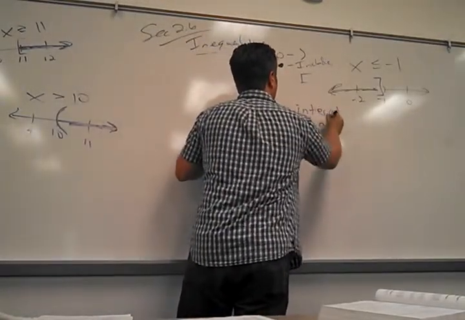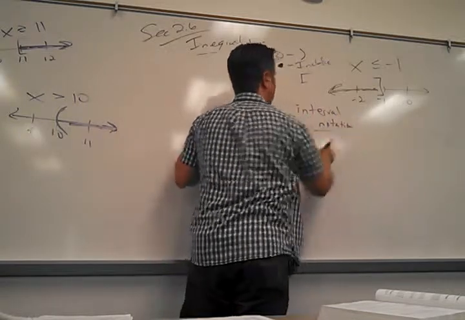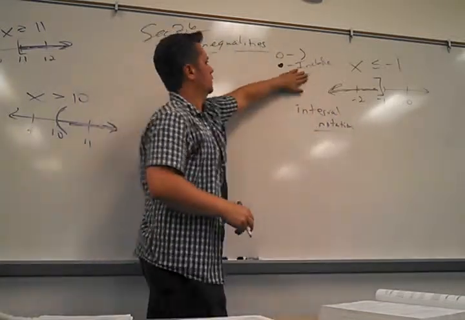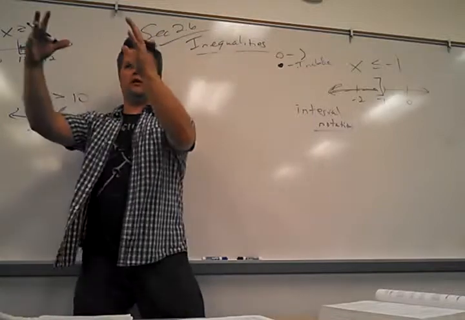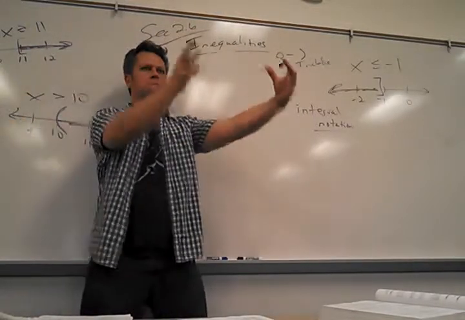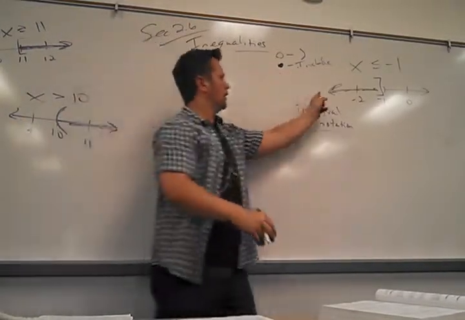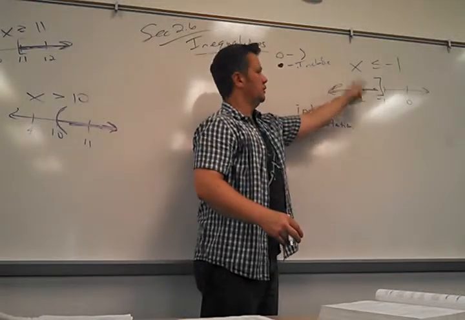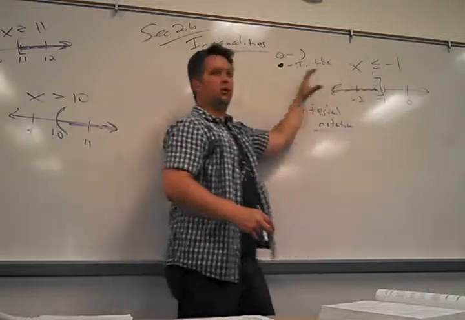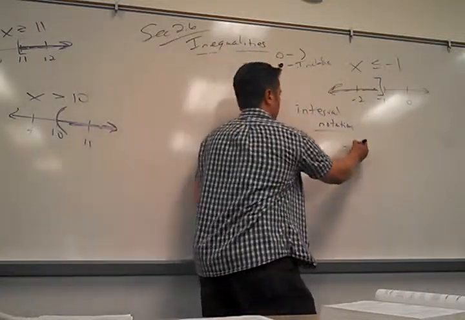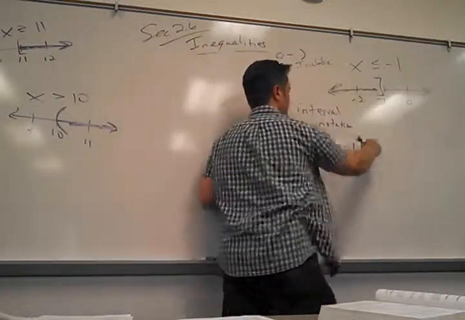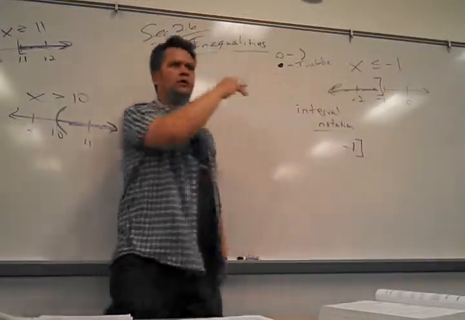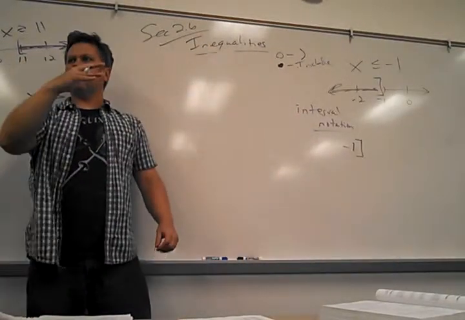So the way to do interval notation, for example, on this one: you say from the smallest up to the biggest answer possible, right? Well, the biggest answer possible here was -1. Everything else, all the other answers are below that. So up to -1, and you just use the same exact symbol from the picture. Now you see why we want to do that. You just copy the same exact symbol.